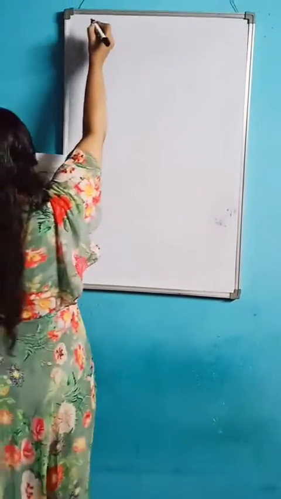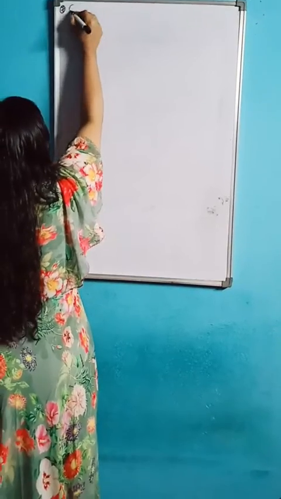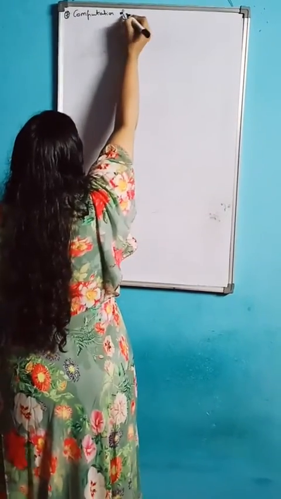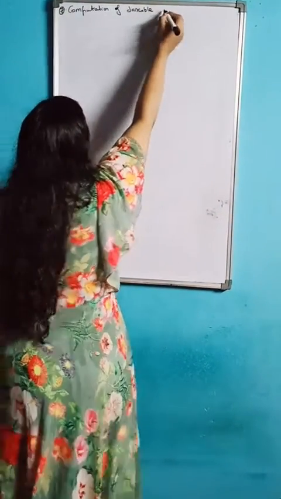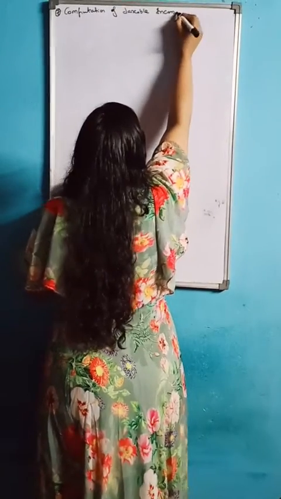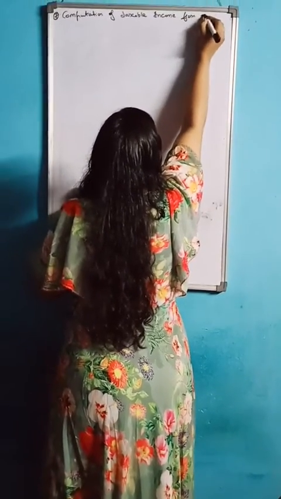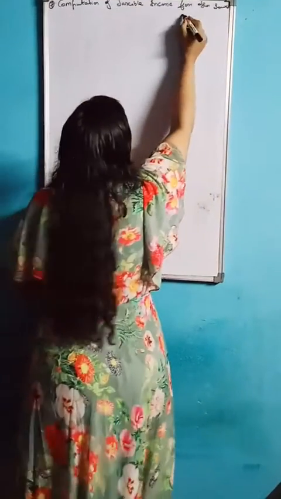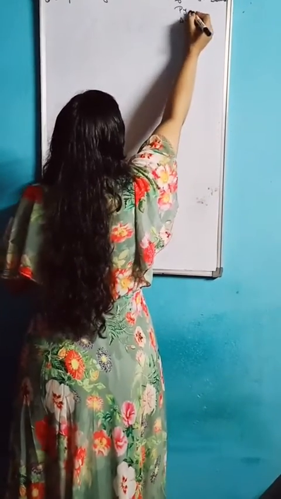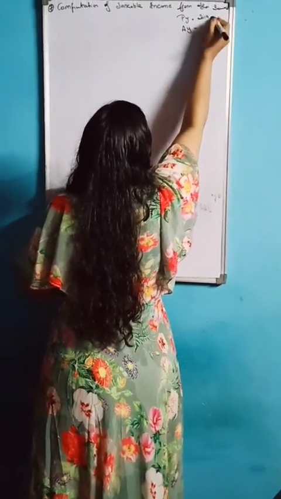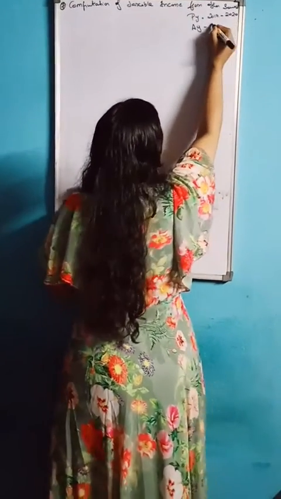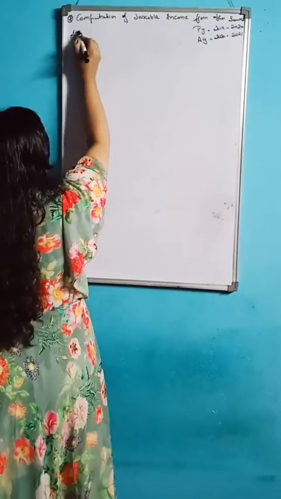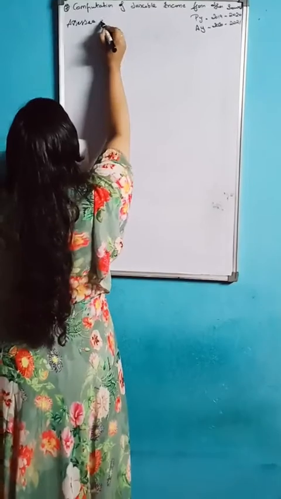So first is computation of taxable income from other source. Previous year and assessment year (2020-2021), and assessee is Suresh.